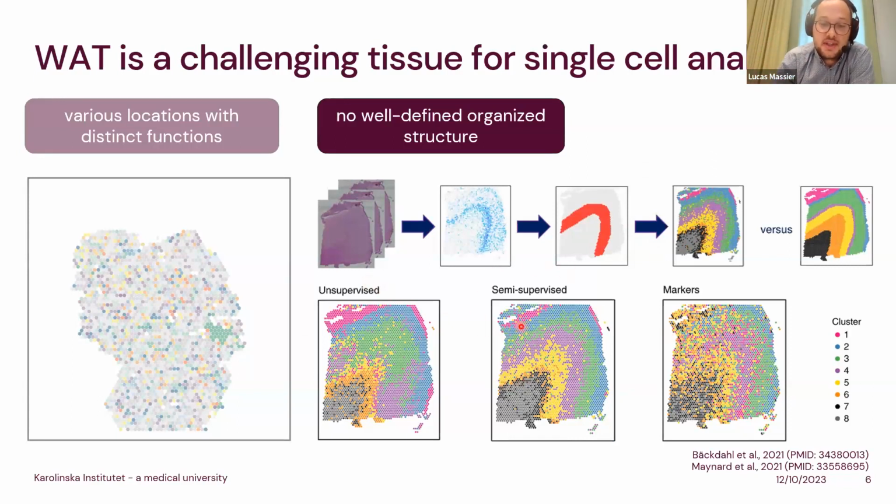So here, semi-supervised clustering methods are helping. For adipose tissue, it might be the case that we are just lacking the ground truth because we don't know how it is organized yet, so that we can choose or develop better clustering algorithms.